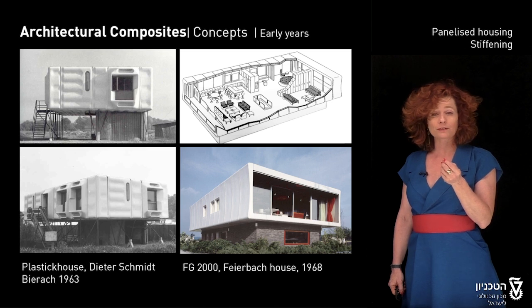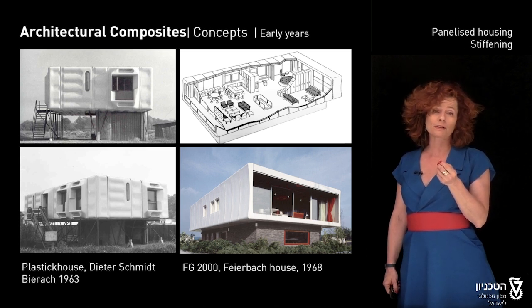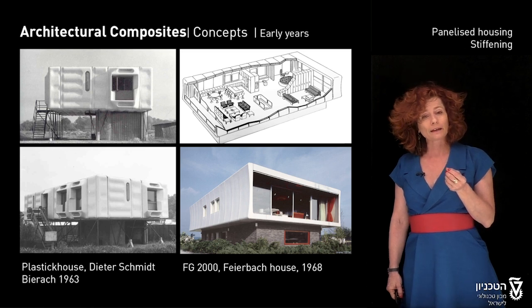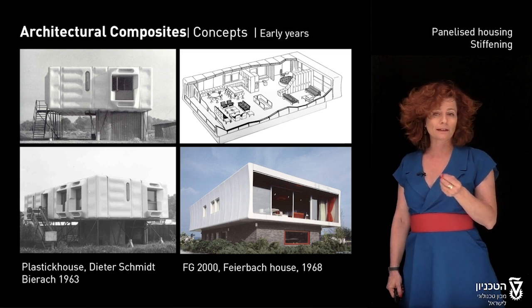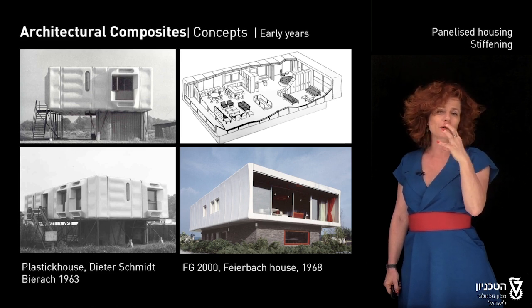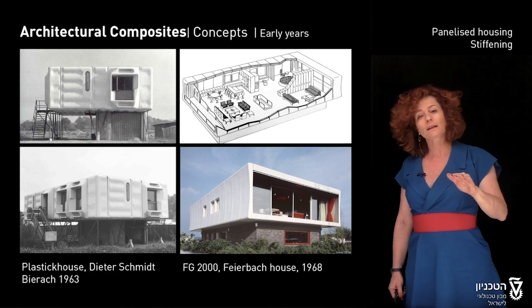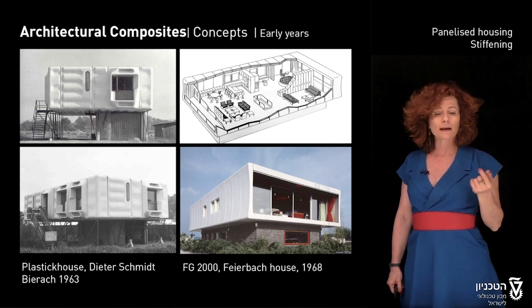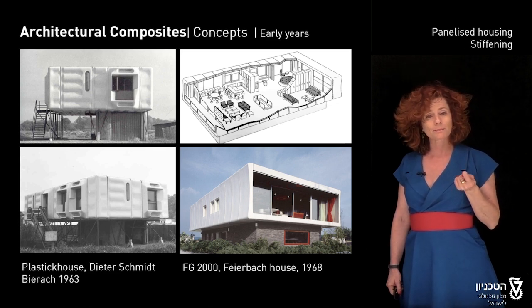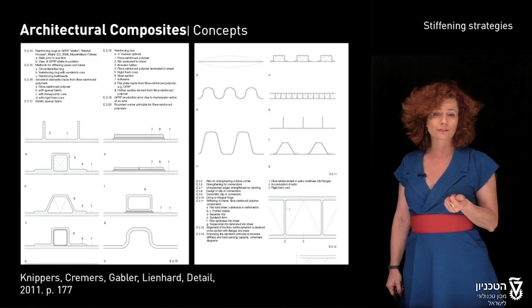So stiffening strategies are various, but actually one of the stiffening strategies, the main one, would be adding some geometry and curvature to that. So these bumps that you see and the way the windows are sticking out, the openings are sticking out of the panels, or the curved element on the right, all of them actually add structural stability and stiffness to their final result.